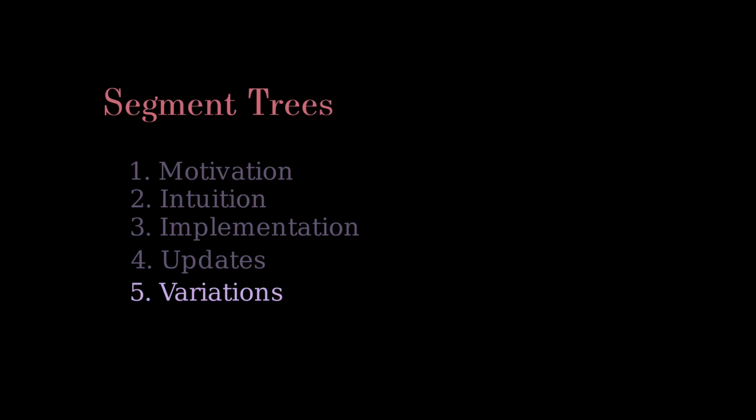We will see two-dimensional segment trees, implicit segment trees, persistent segment trees, segment trees on trees, DP with segment trees, with vectors, and a few other types of segment trees. So without further ado, let's get started.